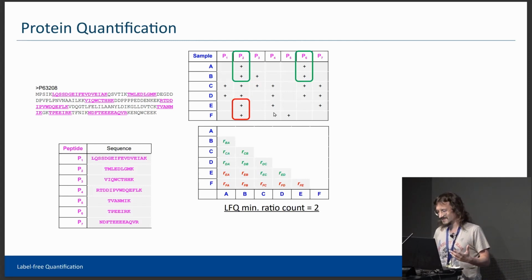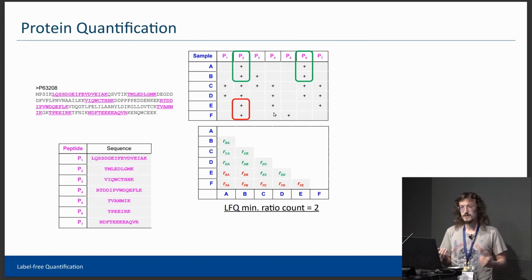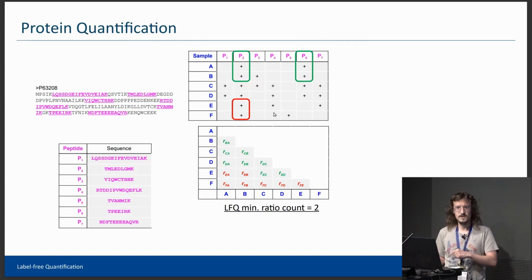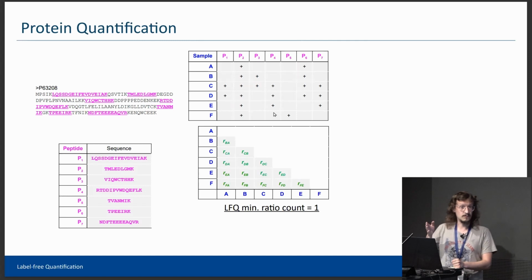So what's the meaning of this? If you use a minimum ratio equal to 2 or even higher, you're more sure about your data, so you will get more reliable quantifications. If you instead keep the ratio equal to 1, that is right now the default parameter (if you use an older version of MaxQuant, you will see that the default parameter was 2), you will quantify all the proteins, even if they have only 1 peptide.